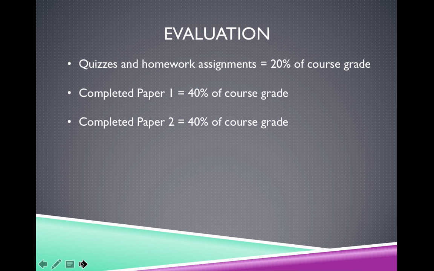If the work is done by the deadline and just got lost in the technology, 24 hours gives you plenty of time to email me the work if you check your email every day, as I'm telling you right now you should do. If I don't receive the work within that 24 hours, and I will give you a very specific time in the email I send you, so you won't have to wonder about what time I'm talking about, well, it will earn a 0.